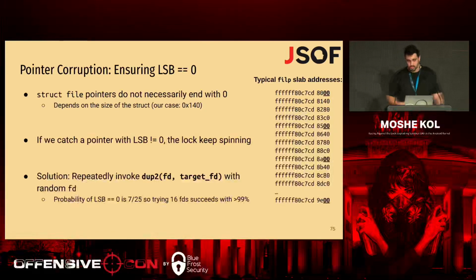We invoke dup2 with a random FD, changing the kernel pointer every time until the least significant byte becomes 0. When it becomes 0, the lock will stop spinning, and we can also detect this situation. If we repeat this enough times, like 16 times, it's more than enough to succeed with very high likelihood.